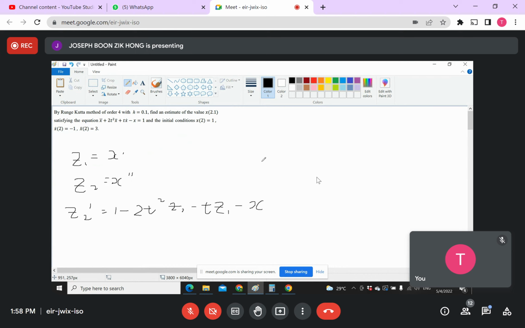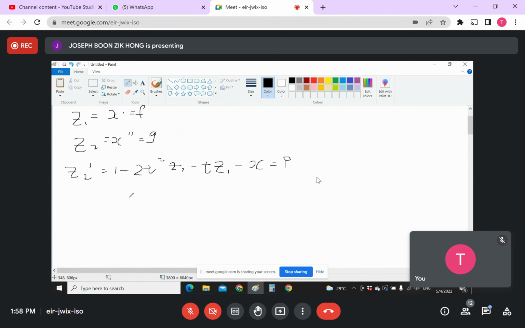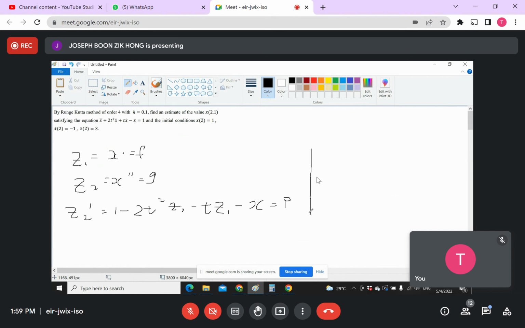Okay, so now I have these three equations. Let's say this is F, this is G, this is P again. I have these three equations, and this one is X2 equal to 1.